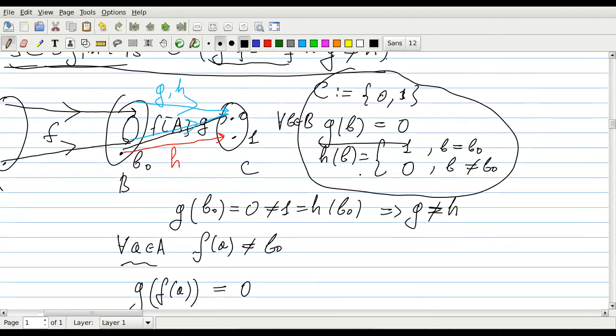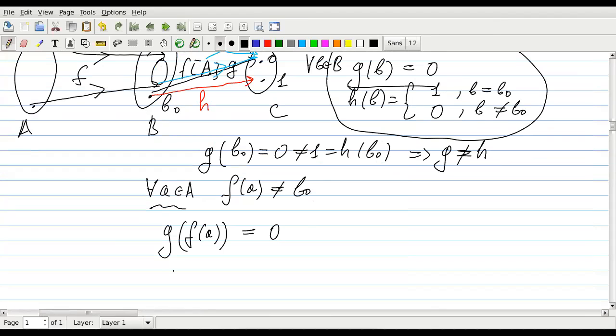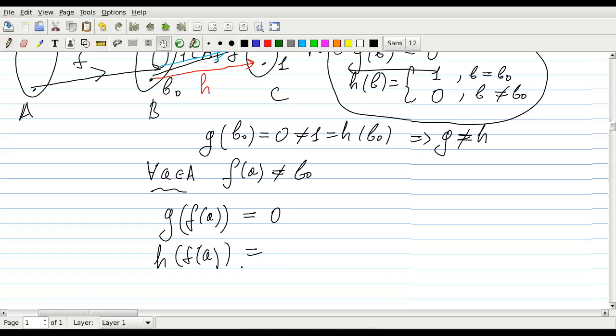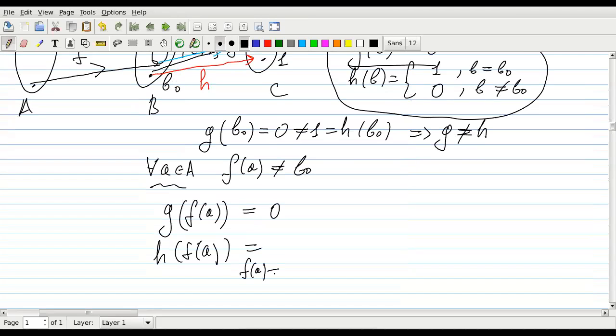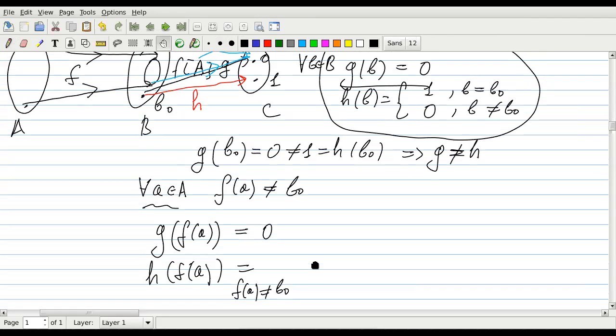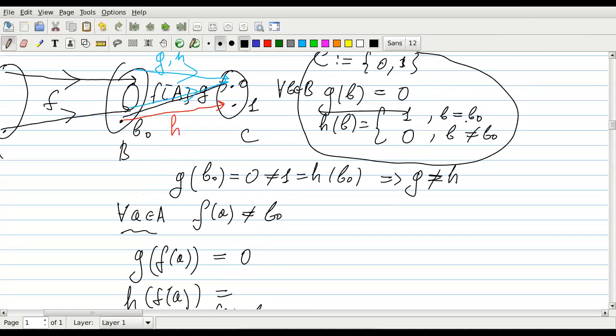It's always 0. But what is G of, H of f of A? Also 0, because f of A can't be equal to B0. So that means that it's still 0.